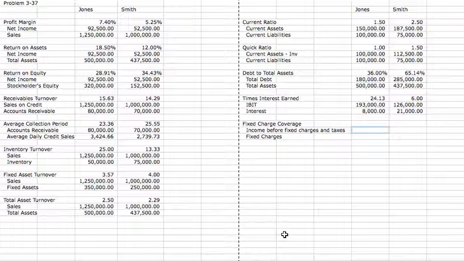Looks like selling and administrative expense for both companies includes $7,000 in lease payments. So income before fixed charges and taxes would be for Jones Corporation operating profit of 193 plus the $7,000 lease payment.